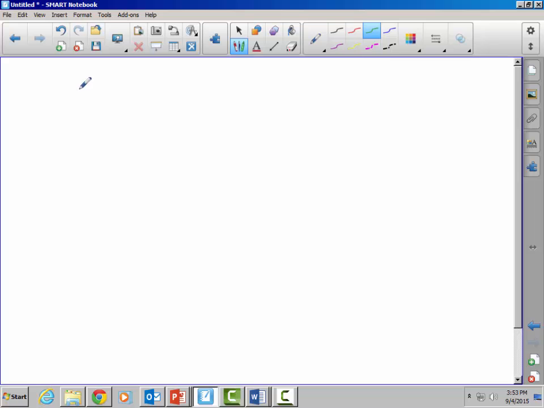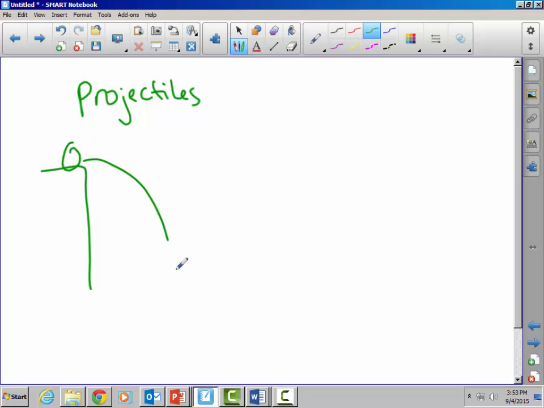Let's talk about projectiles just a little bit. To review, there are two different kinds of projectiles. We have a horizontal projectile, and then we have what's called an angled projectile. Kinematics still applies to both of these, except on both of them you have velocity happening in two directions.